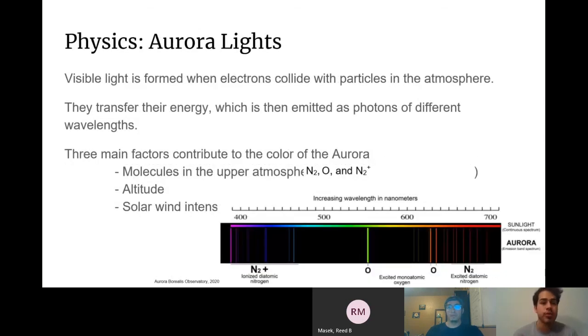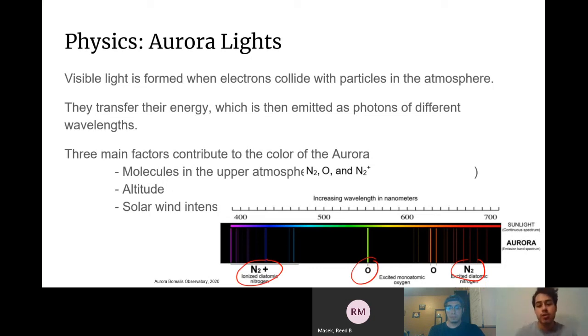Whenever these particles reach the atmosphere, they encounter several other molecules which make up the atmosphere itself. Some of these molecules are going to be nitrogen, oxygen, and ionized nitrogen.